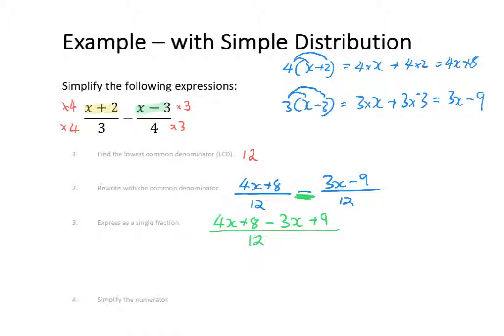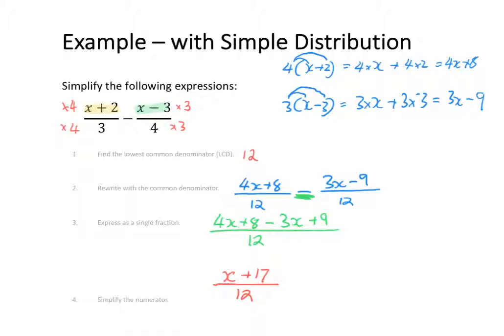So 4x minus 3x, because I'm collecting like terms, is going to be x. Then I have a plus 8 and a plus 9. Adding them together is going to be plus 17, and it is going to be over 12.